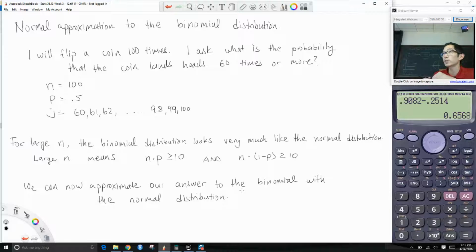And so the normal distribution is defined by a mean and a standard deviation. And so we just need to know what mean and what standard deviation to use. So we're going to look at the binomial distribution and ask, what's the mean and what's the standard deviation of the binomial distribution?